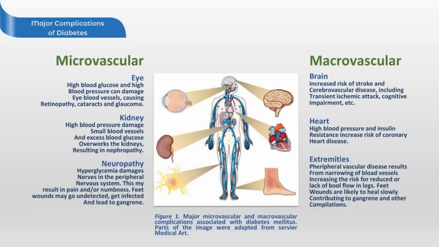Here we can see the major complications of diabetes. The major complications of diabetes are divided into two types, microvascular and macrovascular. As for the microvascular, it will affect the eye, kidney, and nerves, causing neuropathy. High blood glucose and high blood pressure can damage the eye blood vessels, causing retinopathy, cataracts, and glaucoma.